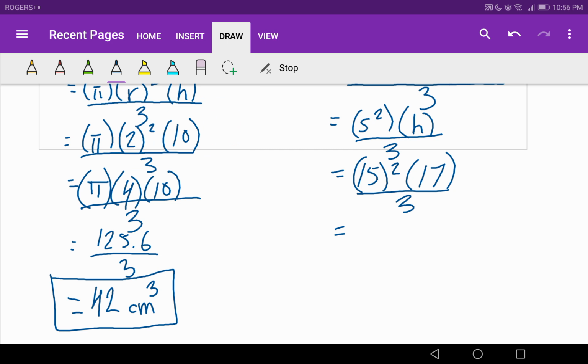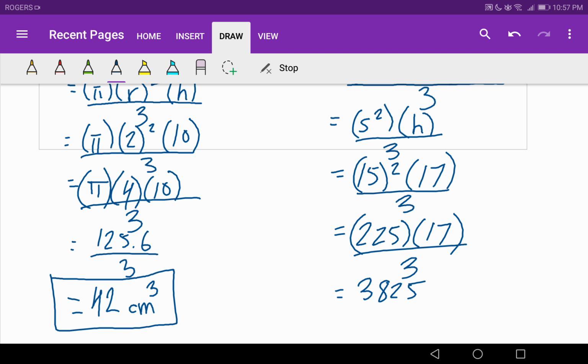All right, so let's do our multiplication. First, our exponents. So 15 squared, or 15 times 15, is 225. Keep the times 17 divided by 3. So remember, just follow BEDMAS, right? Follow BEDMAS. 225 times 17 is 3825.